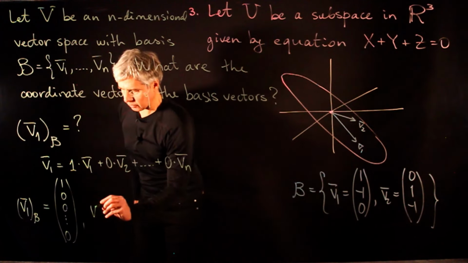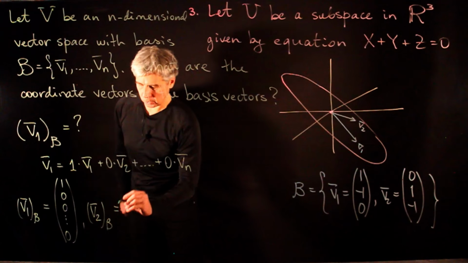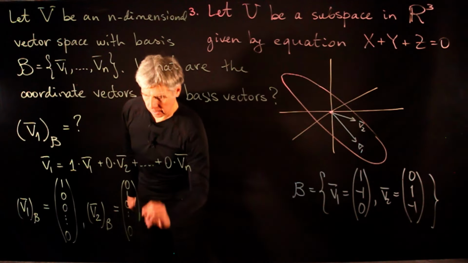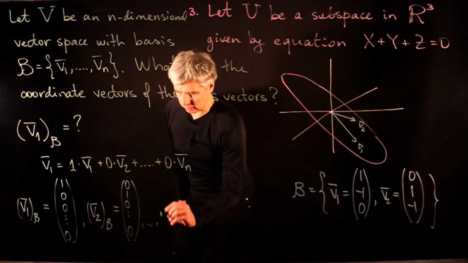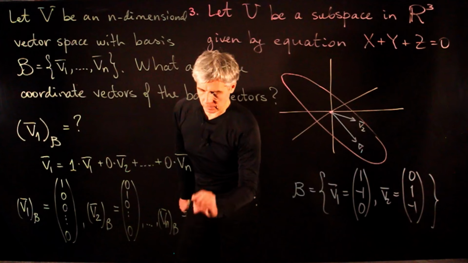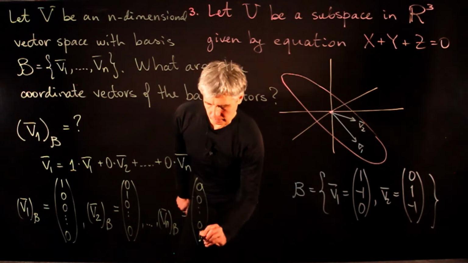And likewise, for the vector V2, its coordinate vector is going to be 0, 1, 0, 0, and so on. And for the last basis vector, we get the column 0, 0, 0, 1.